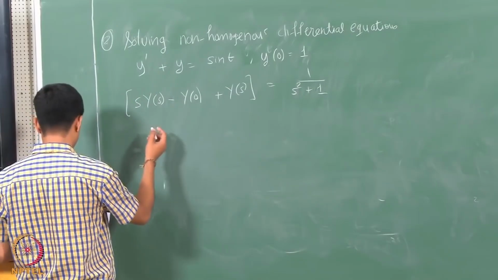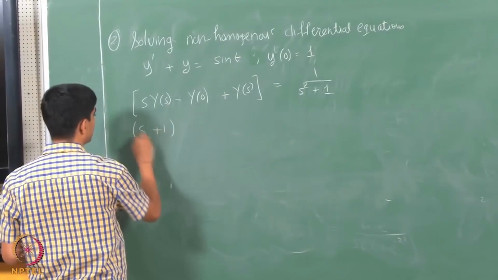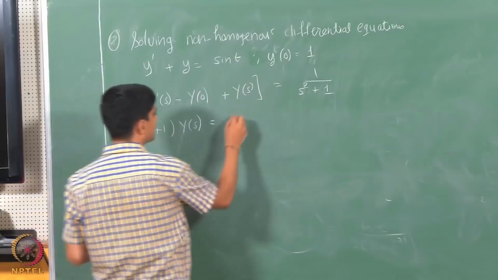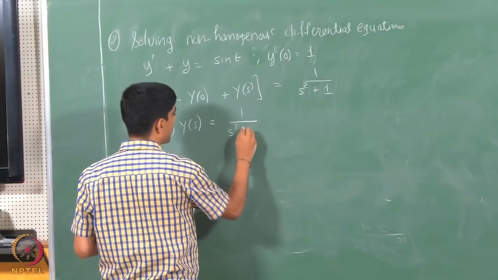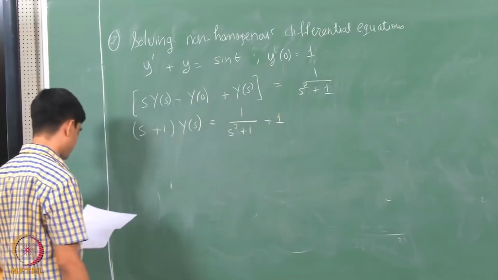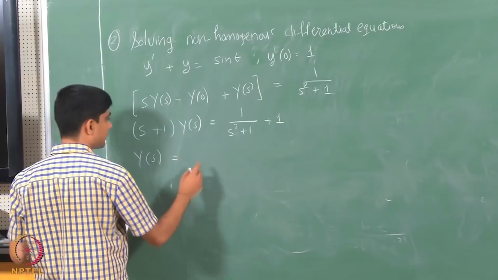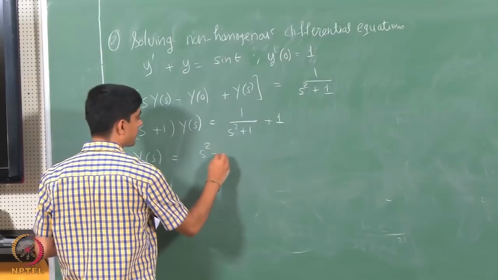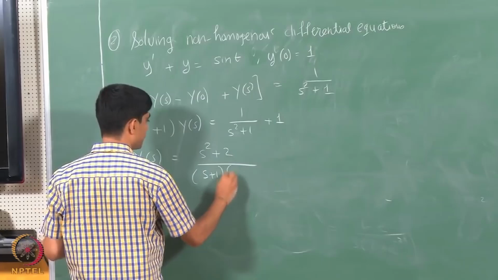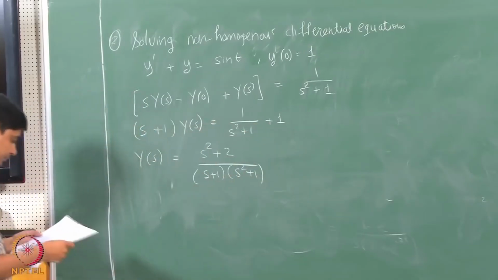So, I substitute: s plus 1 times y of s, y of 0 is 1. So, it is 1 over s square plus 1, plus 1. I just take this guy here, and this would give me y of s is s square plus 2 over s plus 1 times s square plus 1, right, just rearranging terms.